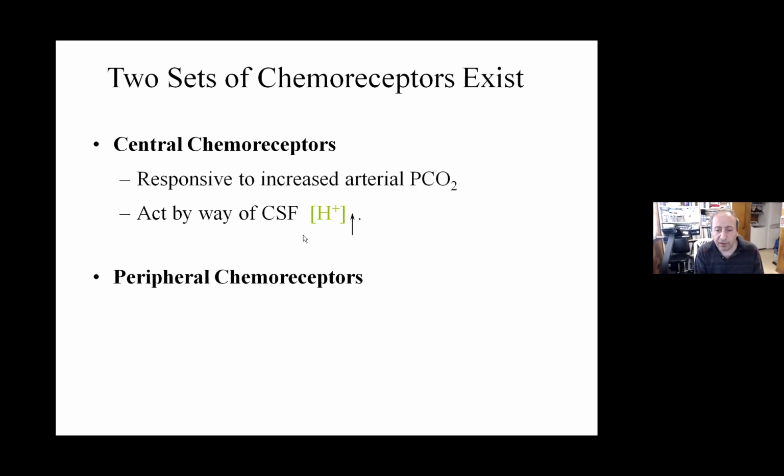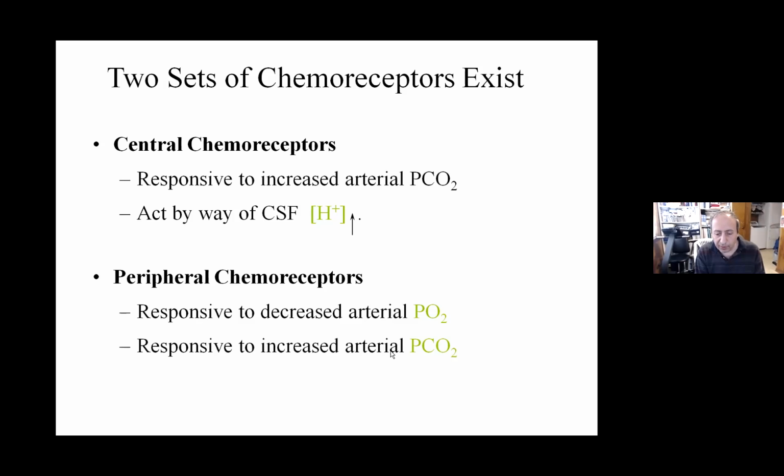So if there's an increase in acidity, then the central chemoreceptors will be activated. The peripheral chemoreceptors are responsive to a decrease in the level of oxygen, and also to an increase in arterial pressure of carbon dioxide. Whenever you have a change in carbon dioxide level, you also have a change in proton concentration.